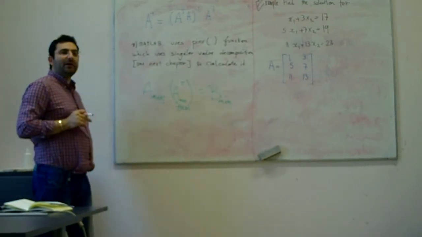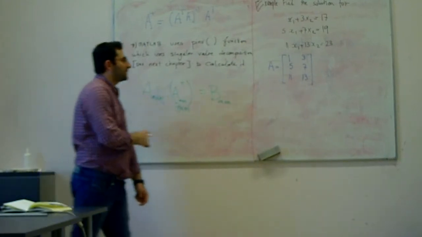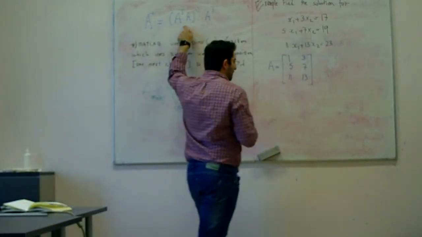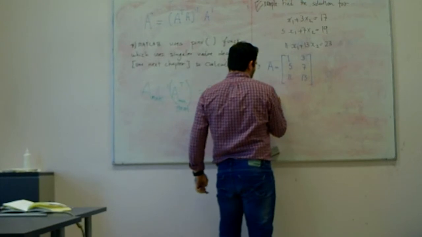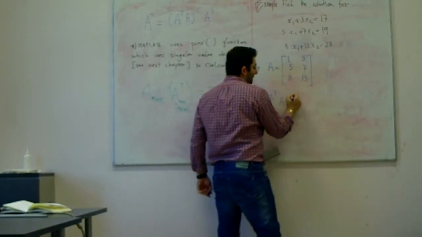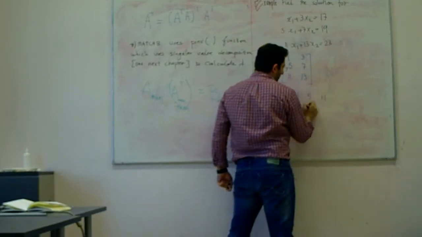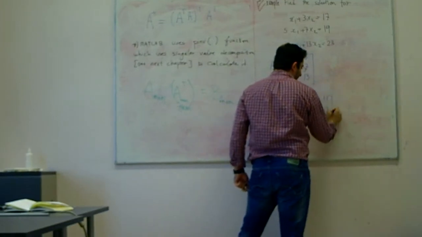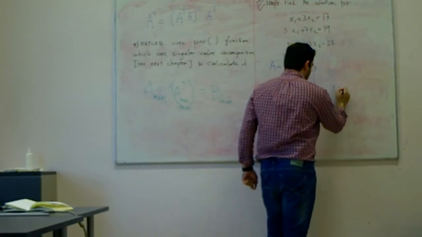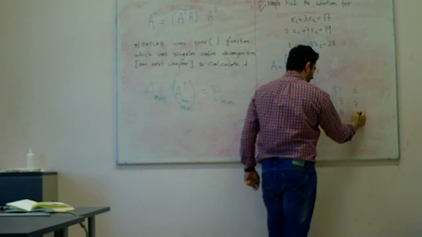And it's clear that A inverse doesn't work. We have to go for pseudo-inverse. So let's calculate the pseudo-inverse by using the formula that we have. A transpose A means that we have to calculate 1, 5, 11, 3, 7, 13, multiplied by 1, 3, 5, 7, 11, 13.